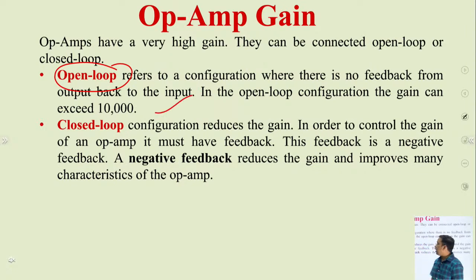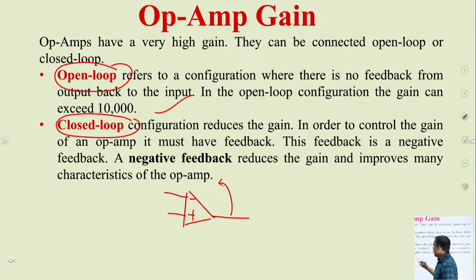Whereas if we are providing a feedback, that is the closed loop configuration, we take the output from the operational amplifier and feed it at the negative side or the positive side. So based on this we have positive feedback and negative feedback. If we apply it at the negative input, that type of feedback is called negative feedback.